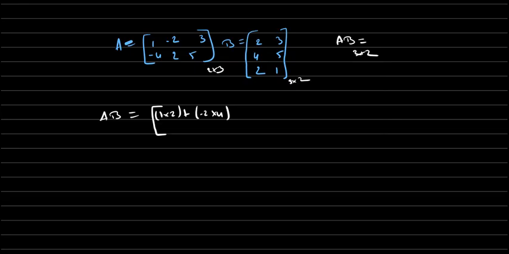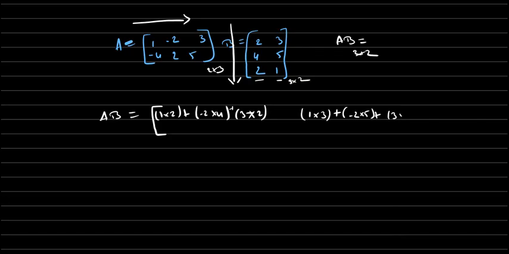We started from this row and this column, and we completed the first column. We will move to the second column, so we leave some gap and write 1 into 3 plus minus 2 into 5 plus 3 into 1. We completed the first row.